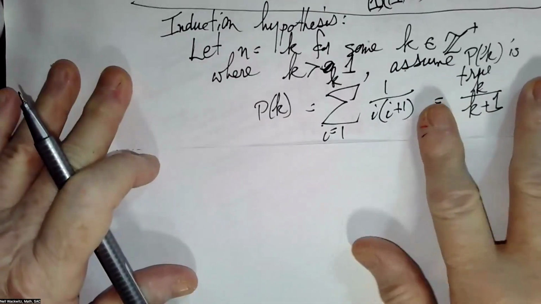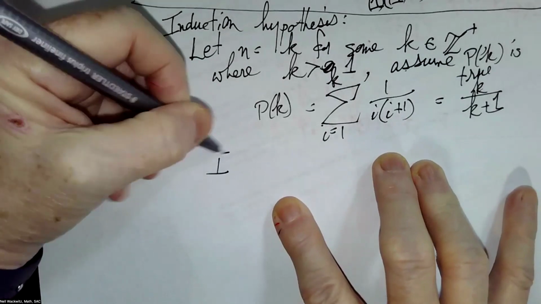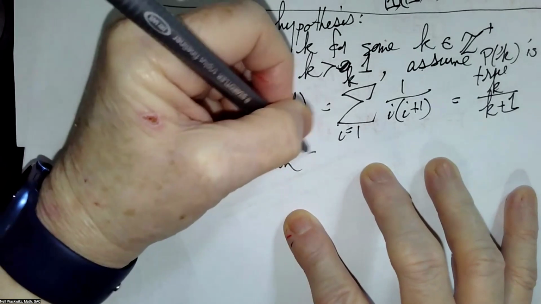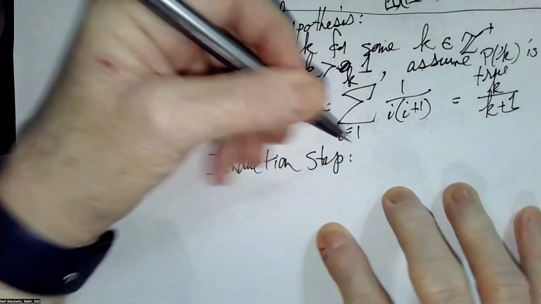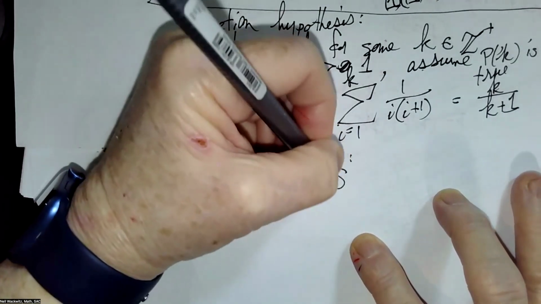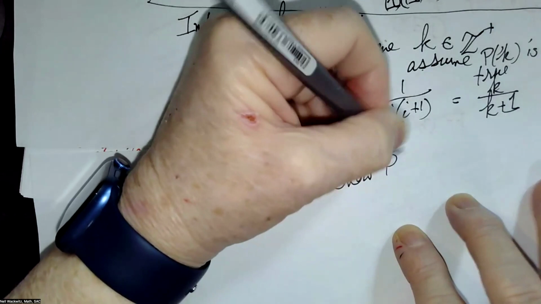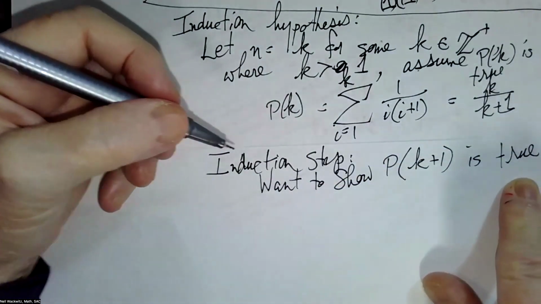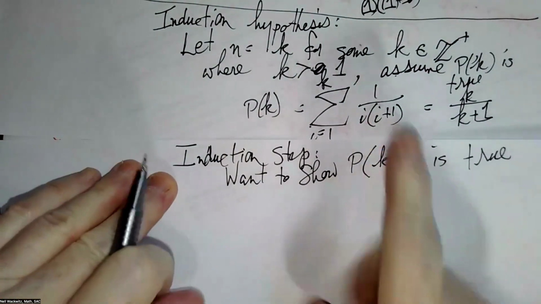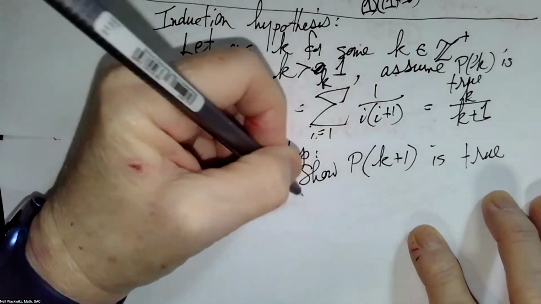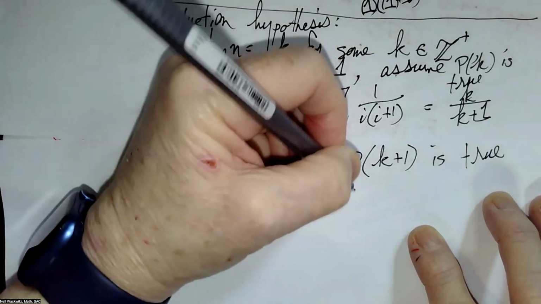So there's the induction hypothesis, the induction step. It says we want to show that P of K plus 1 is true when P of K is true.